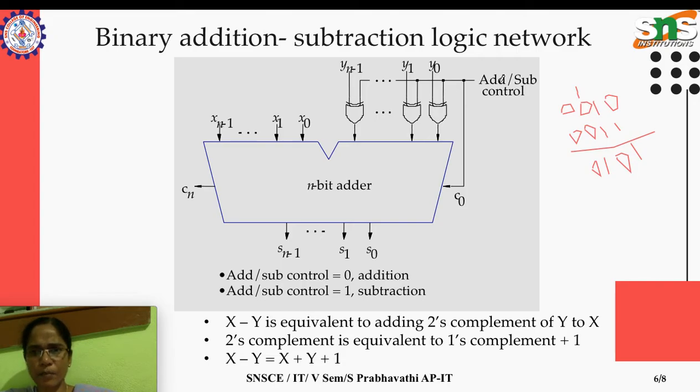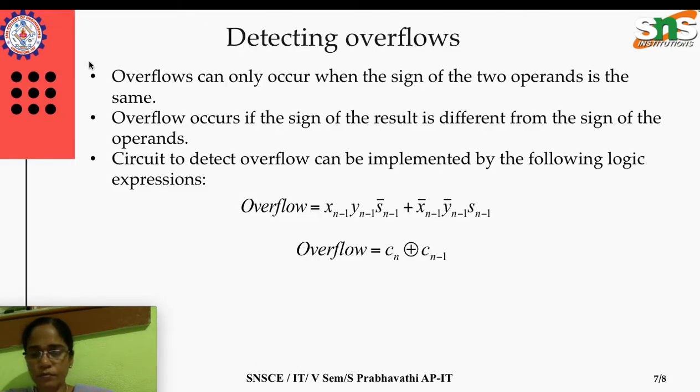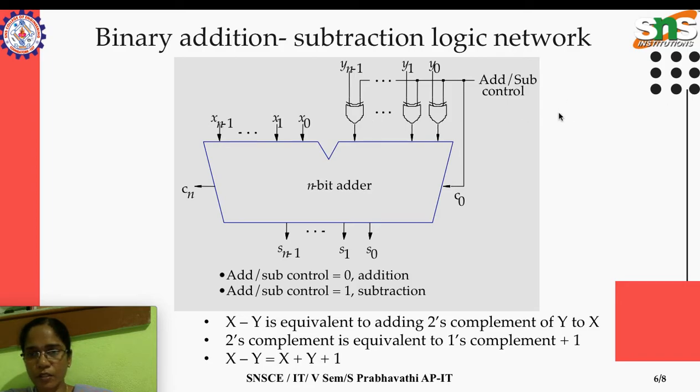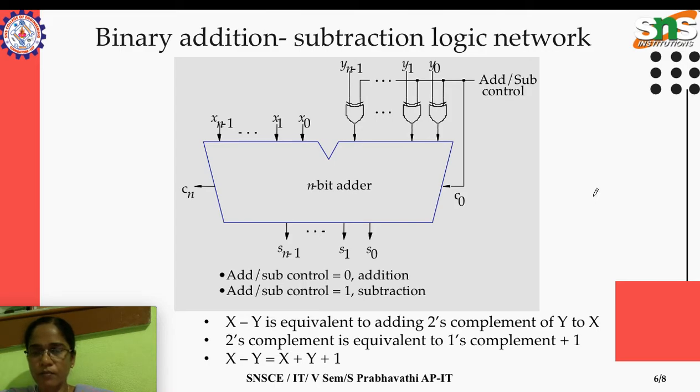Now take an example for subtraction: 3 minus 1. So 3 is 0 0 1 1.